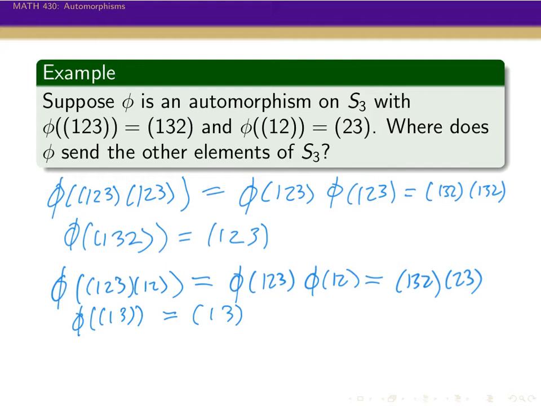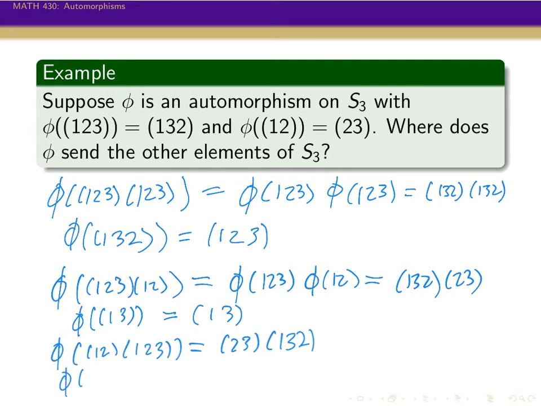And then last but not least, if we do this in the other order, (1 2) and then (1 2 3), this would have to be (2 3) times (1 3 2). And phi of (1 2) times (1 2 3): 1 goes to 2, 2 goes back to 1, so 1 is fixed. 2 goes to 3 and stops there, and 3 goes to 1, which goes back to 2, and so we are calculating phi of (2 3).